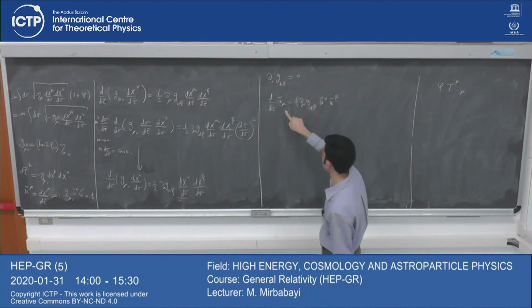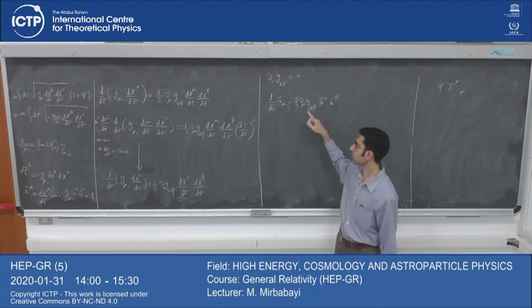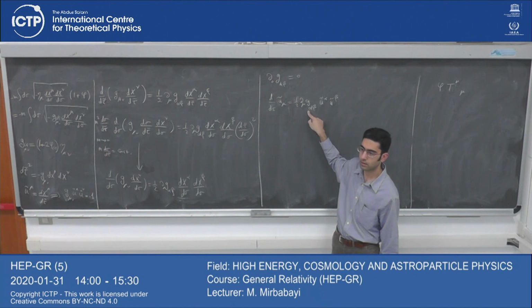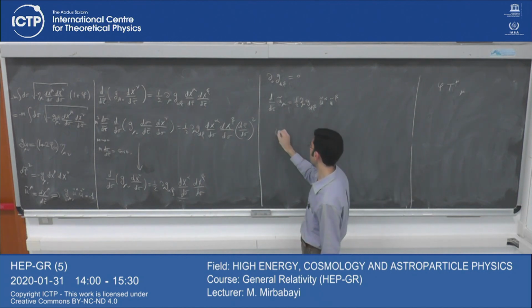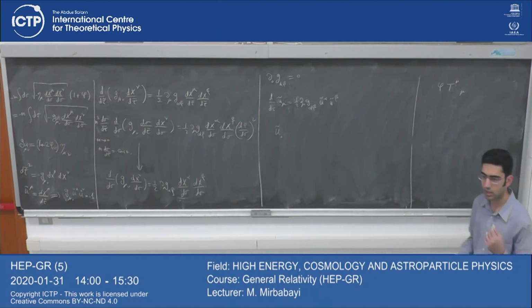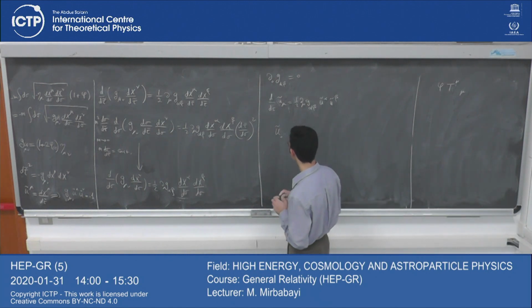So if I look at the 0 component of this equation and the metric is time independent, then I get a constant of motion which is u tilde 0. That's what we called energy before, maybe up to a sign, or E over m. So this is going to be constant.